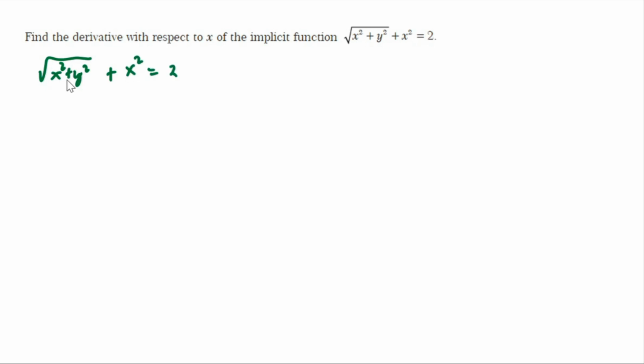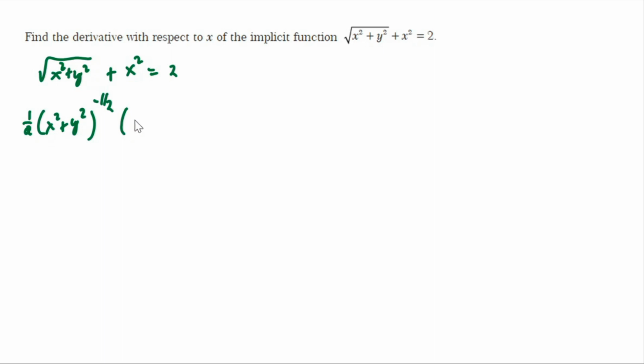So taking the derivative of that, you need to rewrite this one in terms of fractional exponent, or you can solve it mentally that it is already in the form of fractional exponent. Therefore, we have 1 half times x squared plus y squared to the power of negative 1 half times the derivative of the base, because we are using here the chain rule.